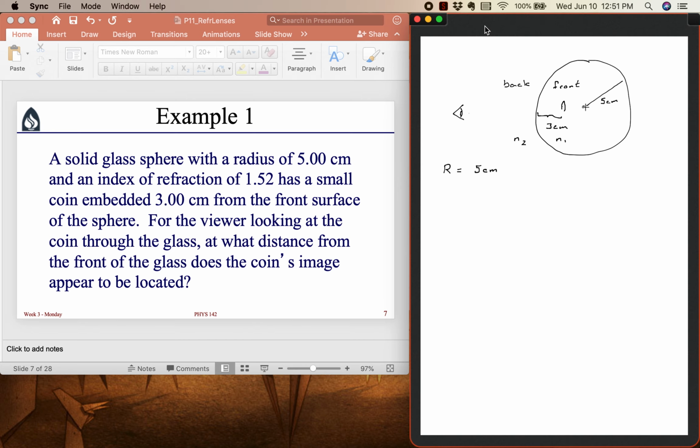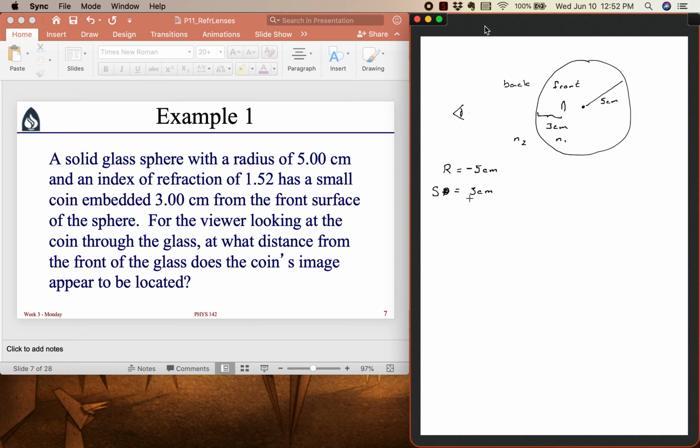And since the center of curvature is on the front side of the surface, since light is traveling from front to back, the center of curvature is on the front side, and so the radius of curvature is negative according to our sign conventions. We also know that the object, which is the coin, is located 3 centimeters from the surface, and it's on the front side, so that would be a positive 3 centimeters.